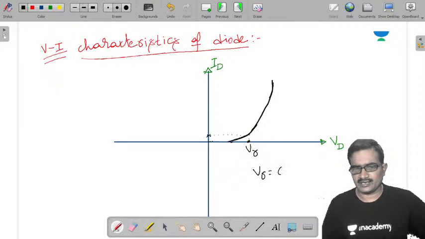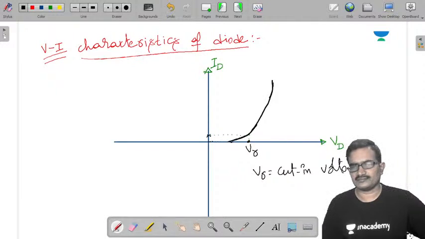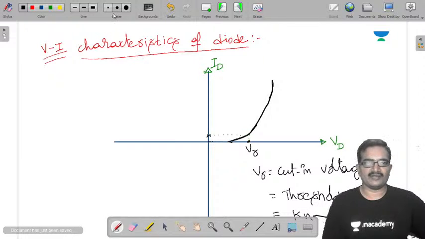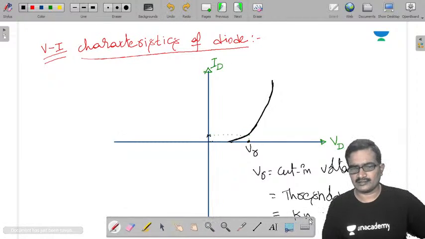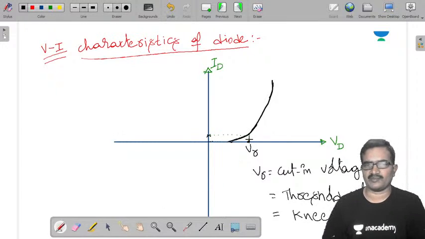It is the minimum voltage you need to apply, also called the threshold voltage or knee voltage. This is the minimum voltage needed to get your diode into conduction.